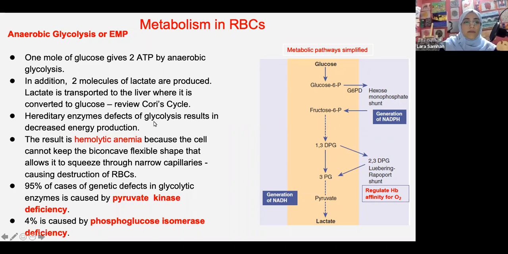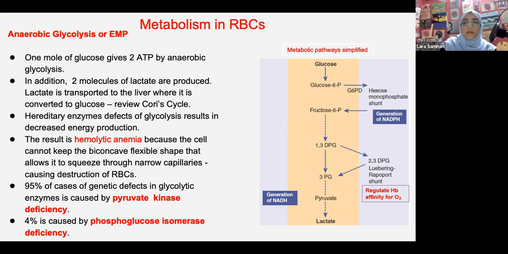Now, if we have, for any reason, hemolytic anemia, hemolytic, as we said, is basically hemolysis of the RBC. So if we have this hemolytic anemia, that means the normal biconcave shape of the RBC will become abnormal. That means it will not perform its normal function in the body, which is perfusing the body with oxygen.